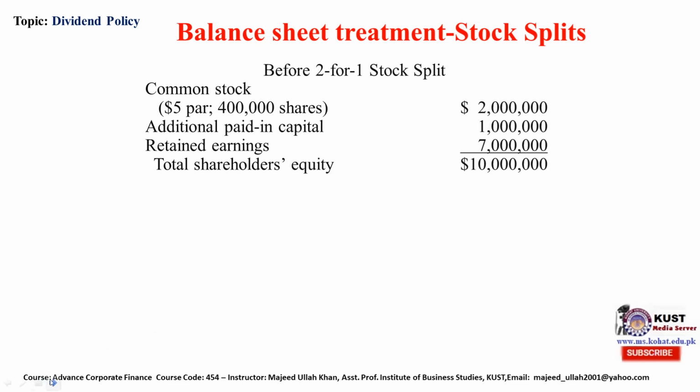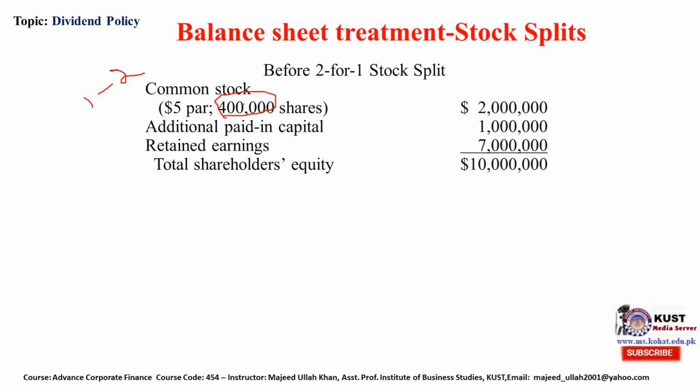Let's suppose, as we discussed in the earlier lecture, that the same company which has 400,000 shares splits the stock 2 for 1. If anybody had one stock earlier, now he would have 2 stocks. So the company would also have 2 stocks instead of 1.